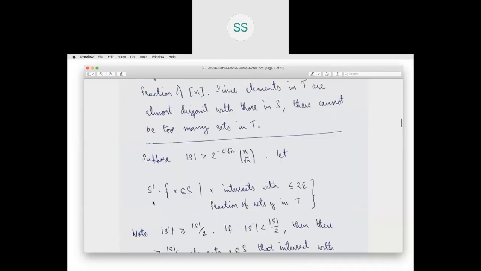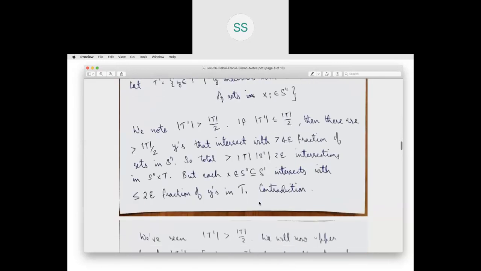That's because they're all elements of S dash. So each element of S double prime intersects with at most 2 epsilon fraction of Y's in T. So the total fraction of intersections in the rectangle S double prime cross T is at most 2 epsilon times the size of S double prime times the size of T.